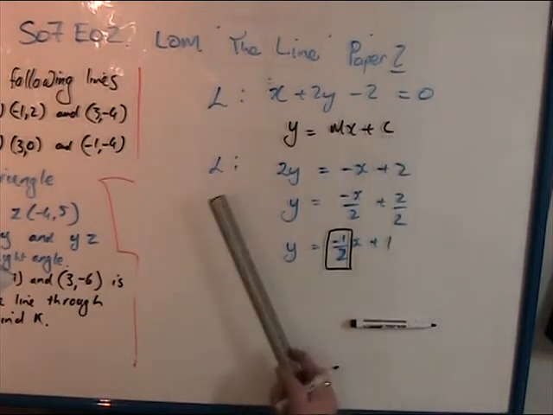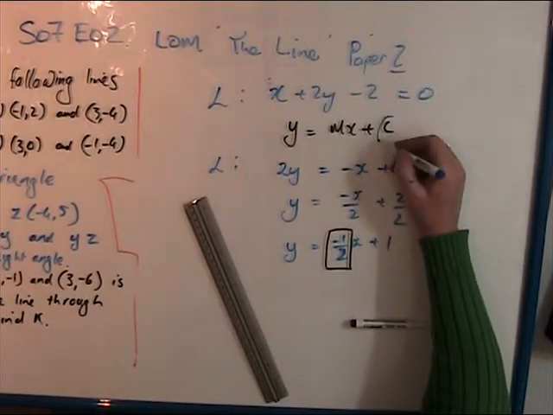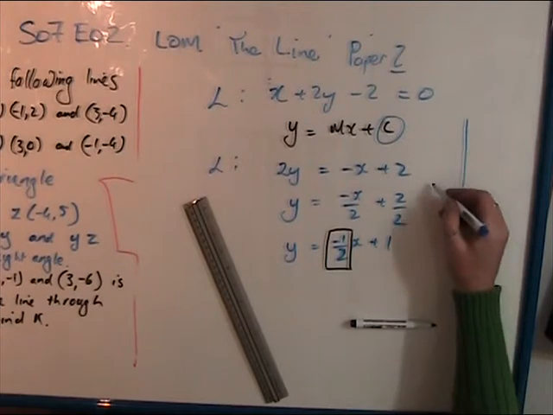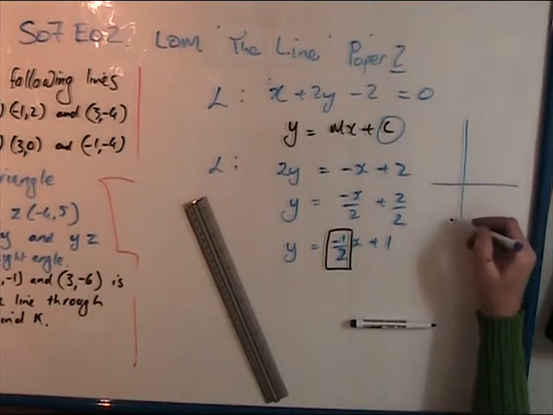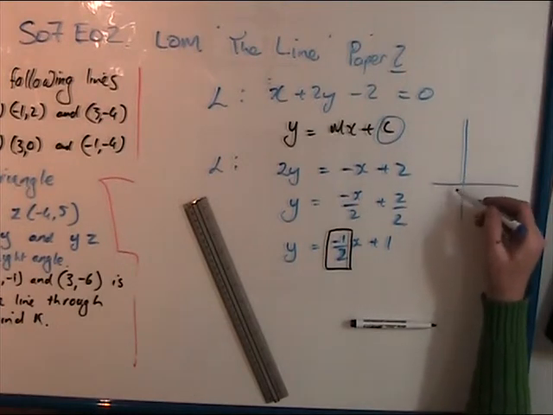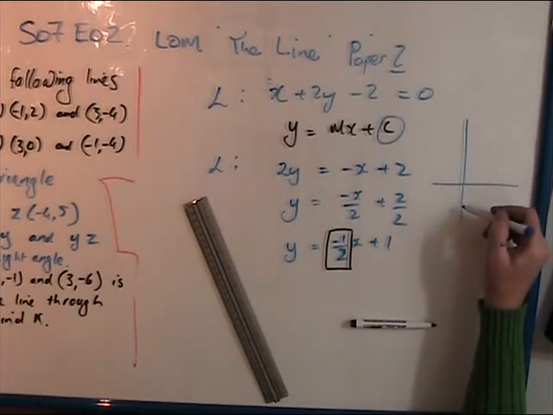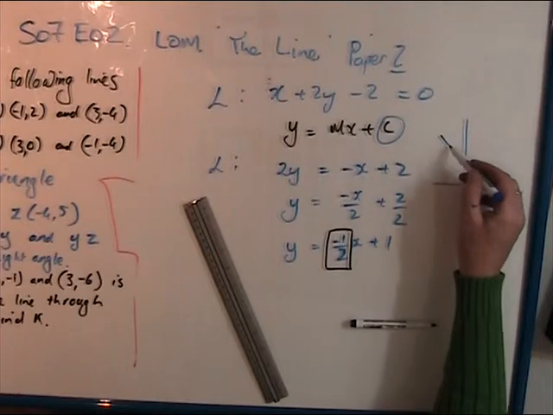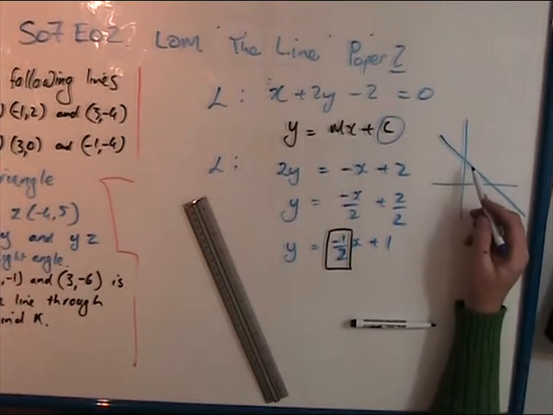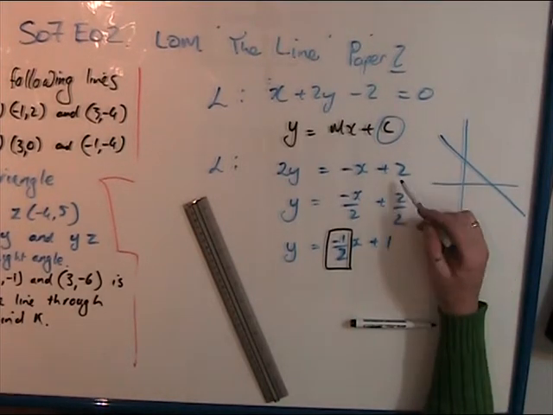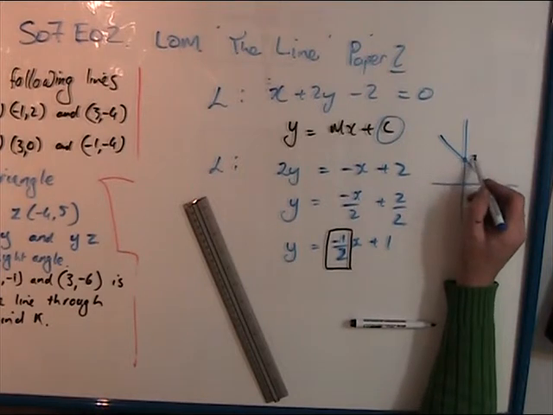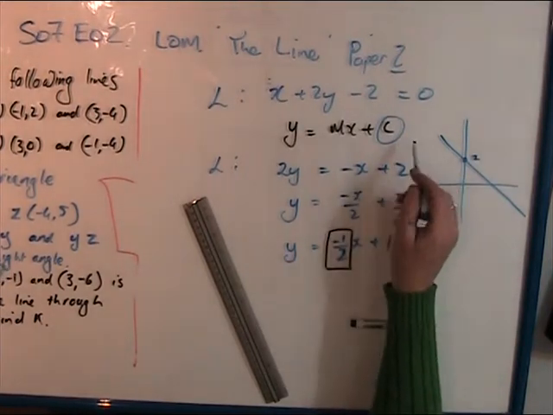Now this part, c, relates to where the line cuts the y-axis. Alright? Now depending where it is, I don't know where it is, but it's got a negative slope, so it's going down. Right? But that c part is what y is equal to. That's very important.